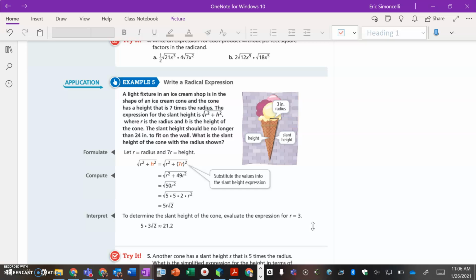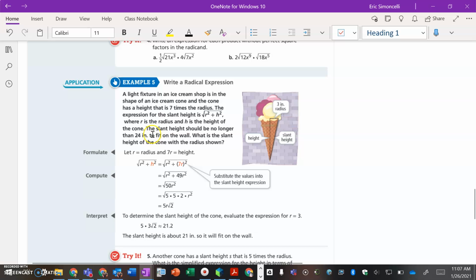We've got 5 times 3, and then again we have a root, so root 2. Now, the answer won't be particularly nice because root 2 is irrational. It's a number you can't write as a fraction, technically. So if you type this onto your calculator, you get 15 root 2, in other words, 21.2. So the slant height is about 21 inches, so it will fit on the wall.